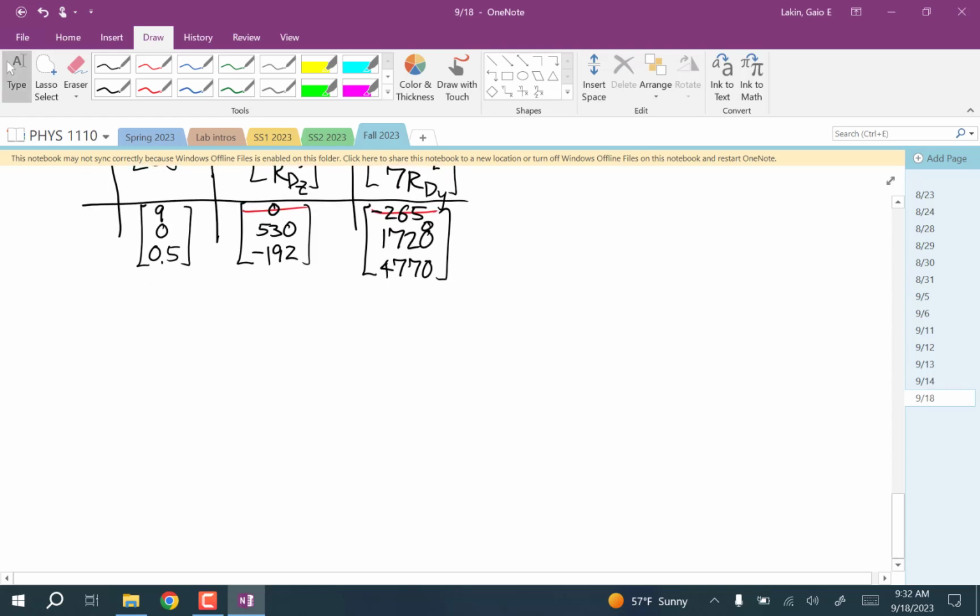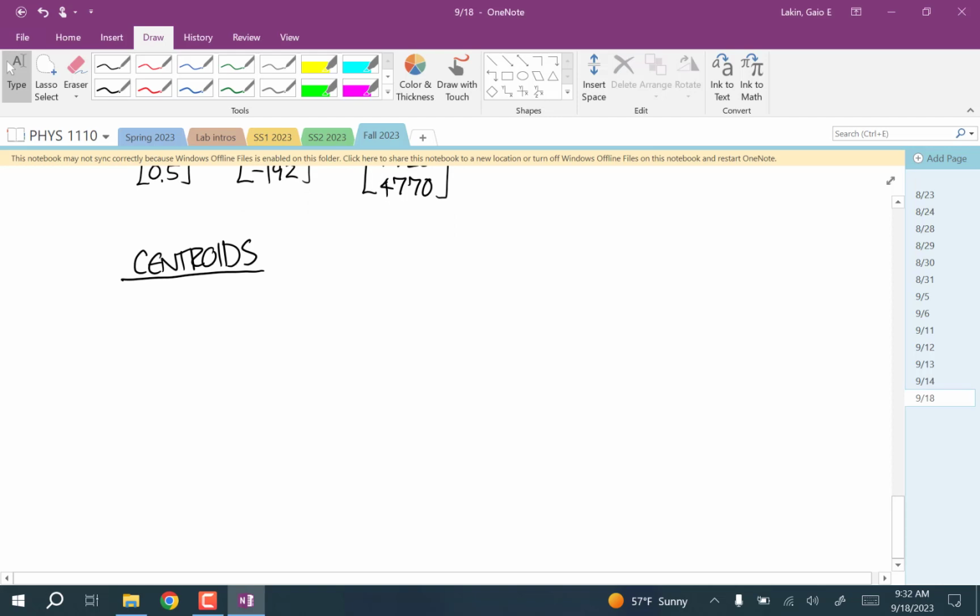Okay, so the next topic is centroids. And we're going to use centroids for a couple of things. Think of the centroid as the geometric center of an object. And you can have centroids in 2 or 3D.